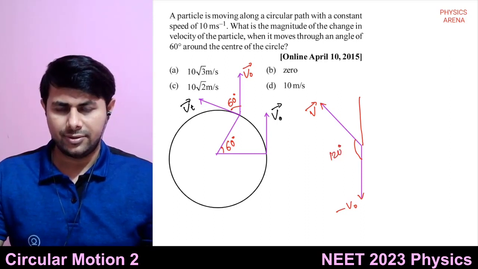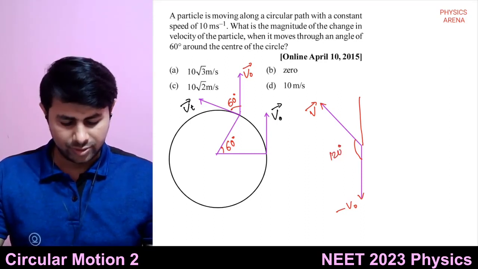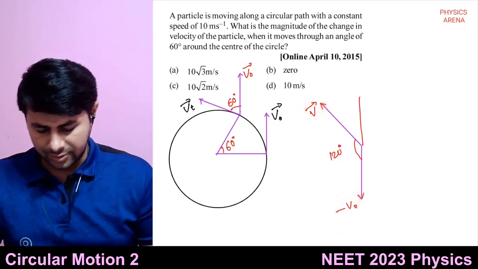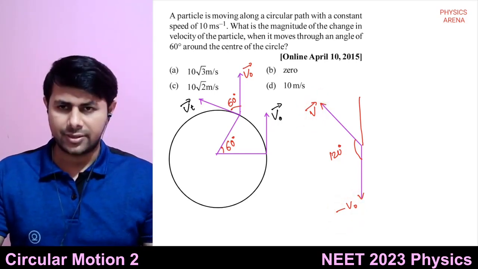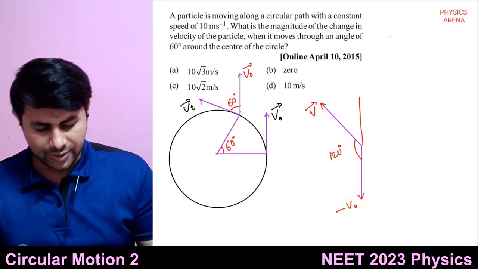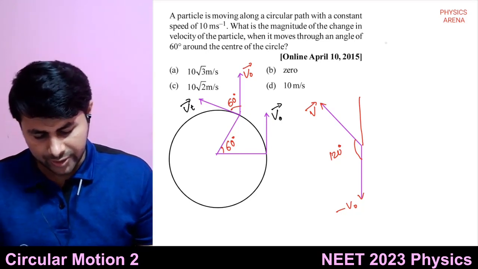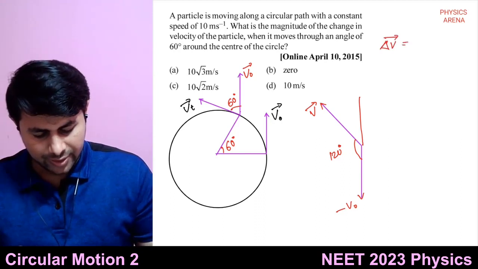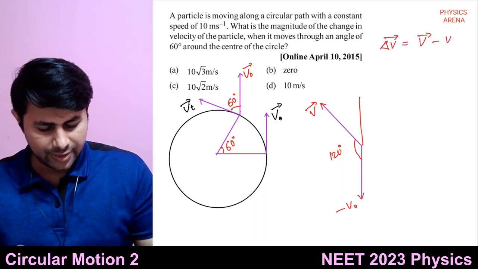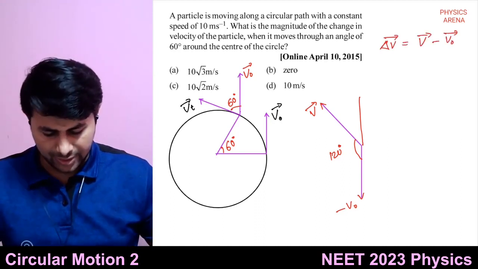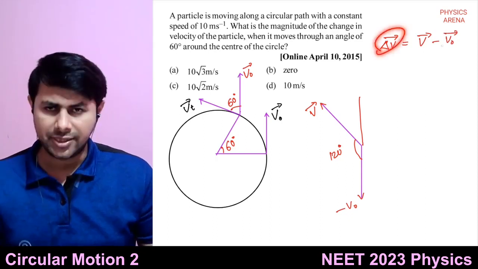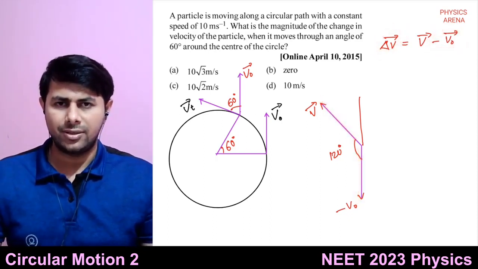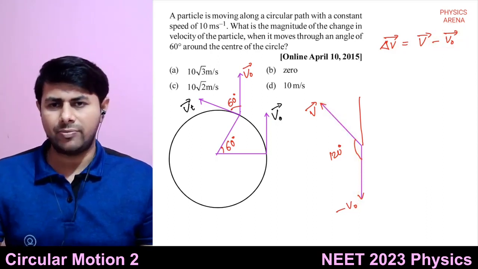Right? So now you want to add this vector and this vector and find out the resultant. So what is delta V bar, the change in velocity? It is V bar minus V0 bar, that is V bar plus minus V0 bar. So this vector plus this vector.